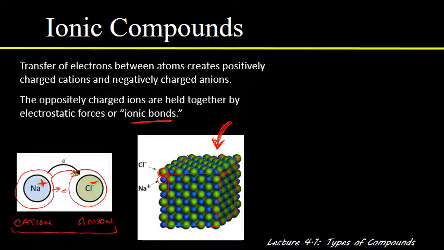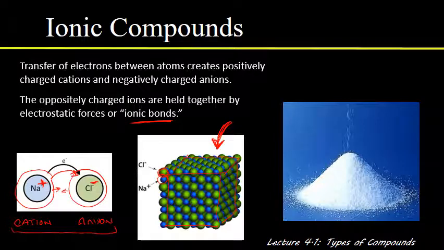Okay, and so that allows them to form crystals, and in the macroscopic state, when we see these crystals, we see them as things like this. This, of course, is table salt. Most ionic compounds look kind of similar to this. They might be different colors. Copper sulfate is a pretty blue color.